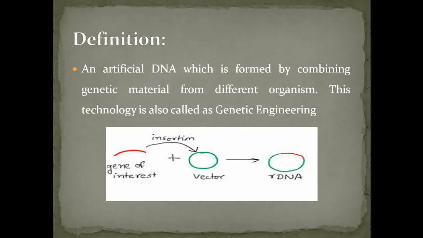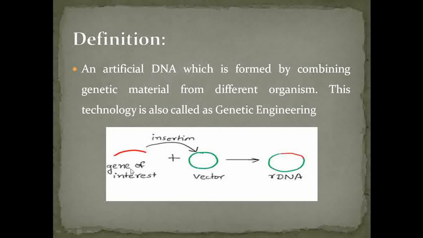The single color pearl is the DNA of one organism, and the colored pearls are the genetic material from another organism. If we combine that genetic material, then the formulated DNA we call an artificial DNA. And this is our gene of interest.